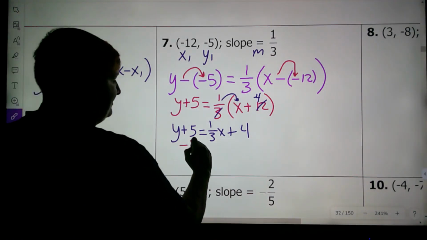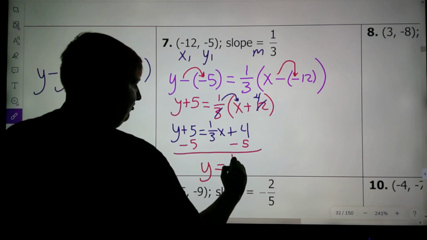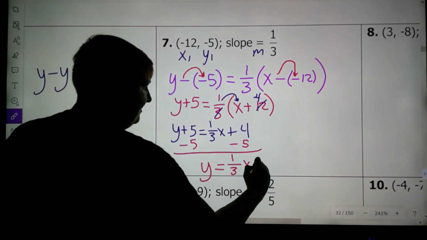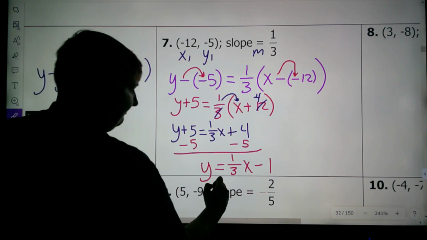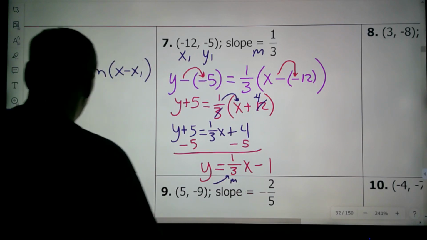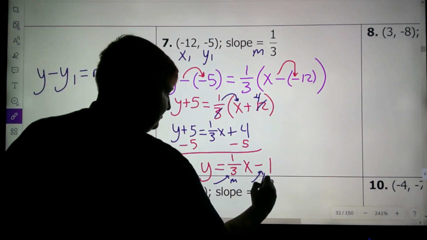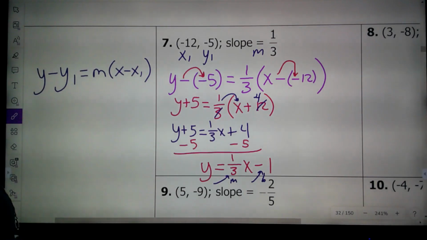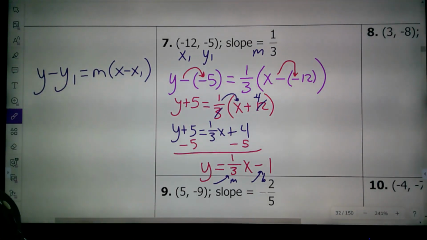Get rid of this positive 5. We're left with y equals 1/3 x minus 1. This is our slope right there, and that's our y-intercept. That's where it's going to cross the y-axis, at -1. Remember, that's why we're converting it to y equals mx plus b.